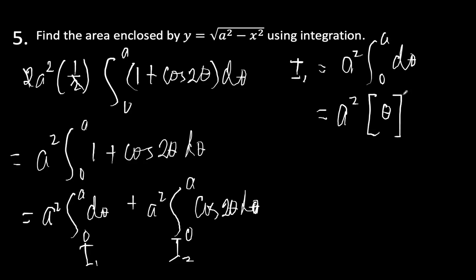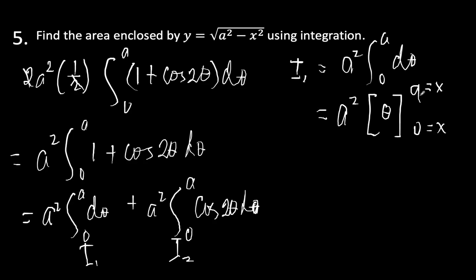Now, a and 0 are values of x at the very beginning, okay? You might be tempted to substitute a and 0 to theta, and that is wrong because a and 0 are values of x. They're not values of theta.